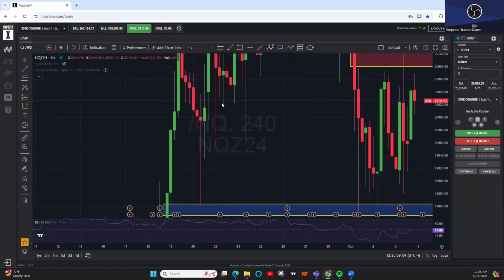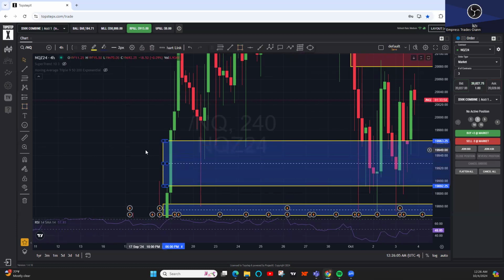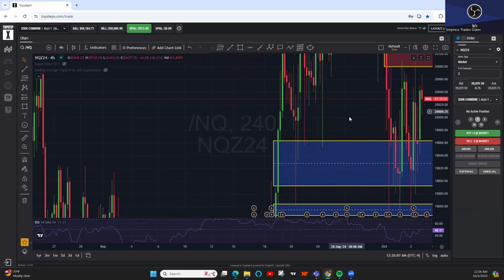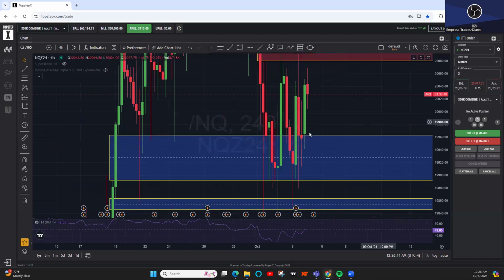Here is another bullish fair value gap. However, I want to show you something too. This technically has been invalidated.